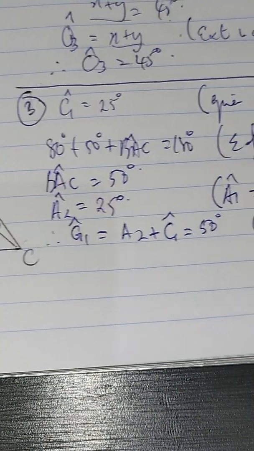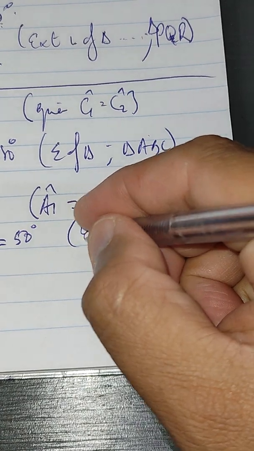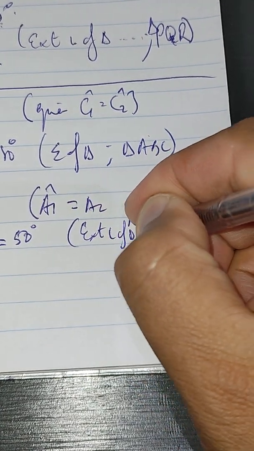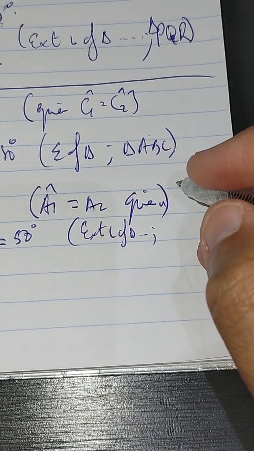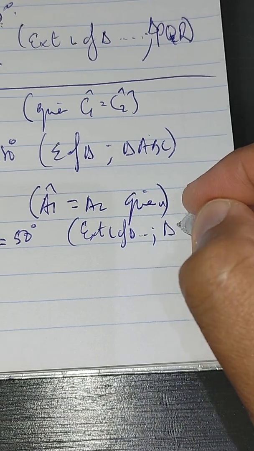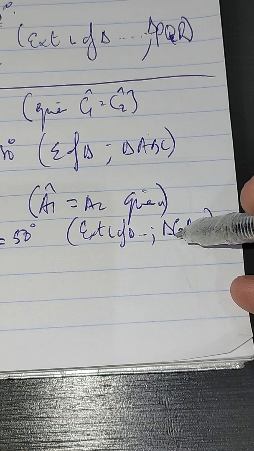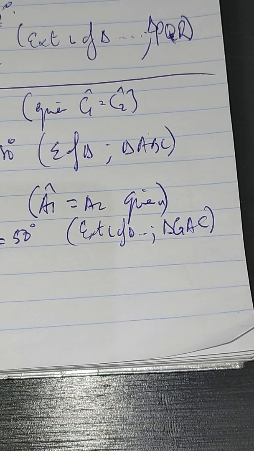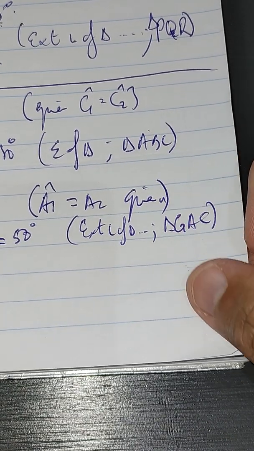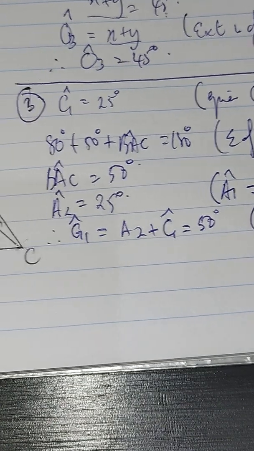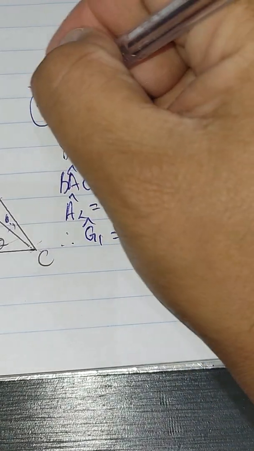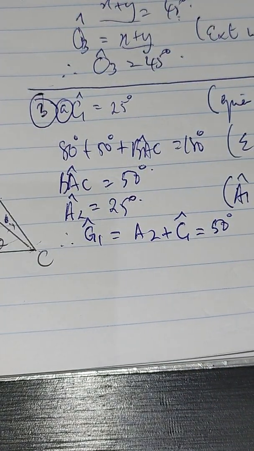Because of the fact that it's the exterior angle of a triangle. The exterior angle of a triangle is equal to the sum of the two interior opposite angles, and it's the exterior angle of triangle GAC. Again, you don't have to write this, but make it a habit. It's a nice practice, a good practice. And that is the first of 3 questions in number 3.